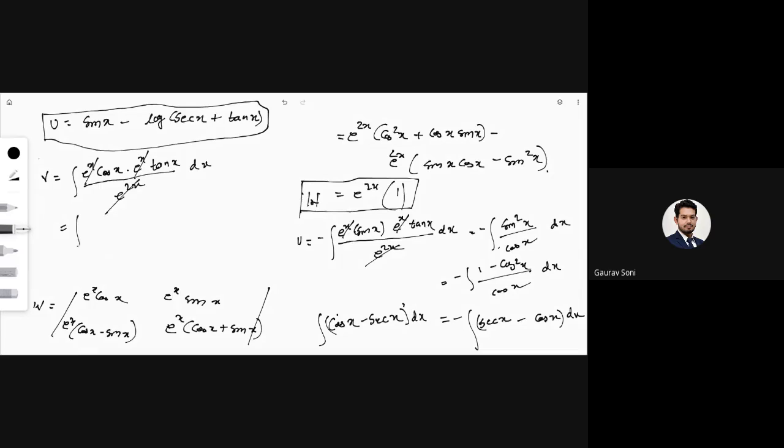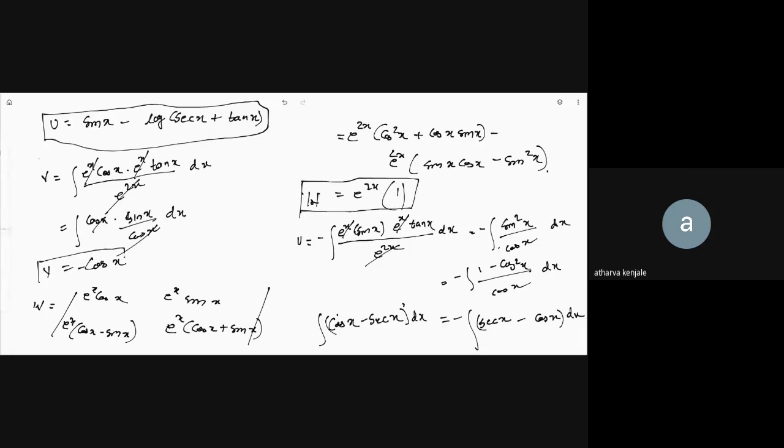Tan x is sin x upon cos x. Integration of sin x is minus cos x. So we have u, we have v. Just put that and we'll get the solution.